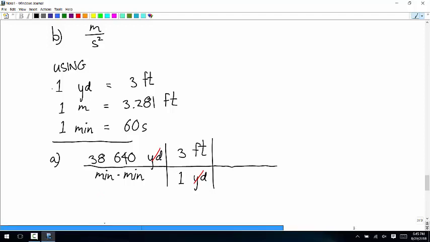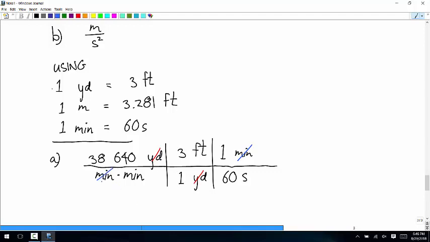Do we multiply by 1 minute over 60 seconds or 60 seconds over 1 minute? 1 minute over 60 seconds. Okay, so now I cancel. This minute cancels. It doesn't cancel both of those.